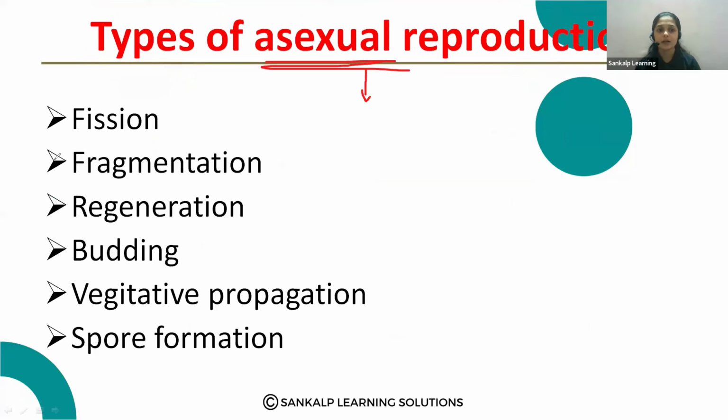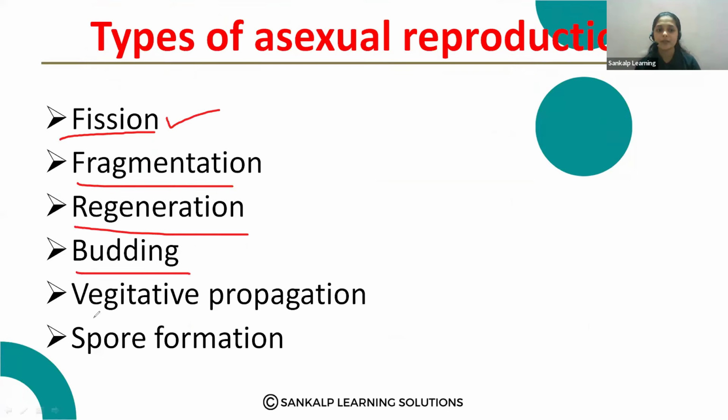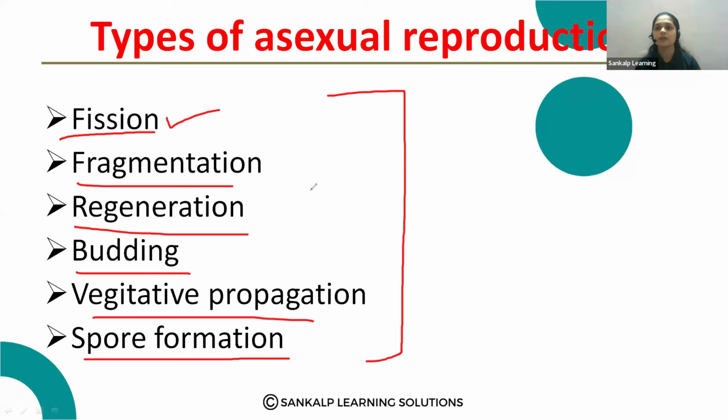Here we are discussing fission, fragmentation, regeneration, budding, vegetative propagation, and spore formation in detail, one by one.